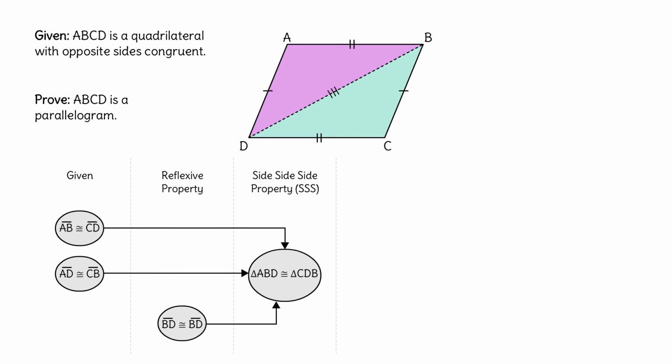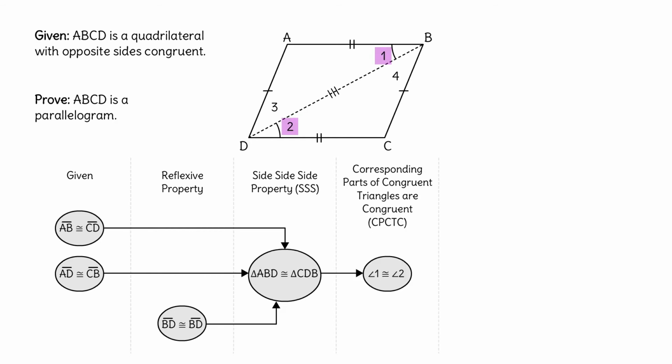But that doesn't make the lines parallel. We'll need to label some angles again as before. And if we can prove the pairs of angles are congruent, we will be able to prove parallel lines. Let's do it. Because the triangles are congruent, 1 is congruent to 2 by CPCTC. The same is true for 3 and 4.